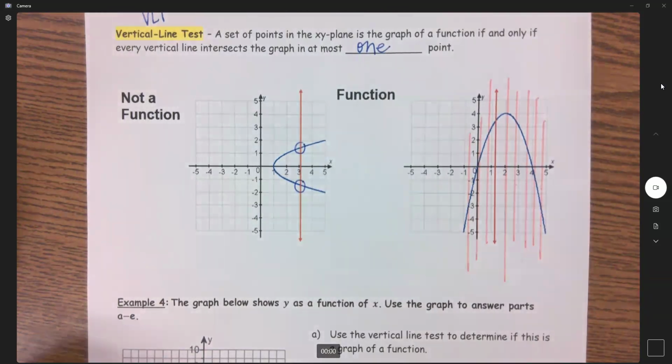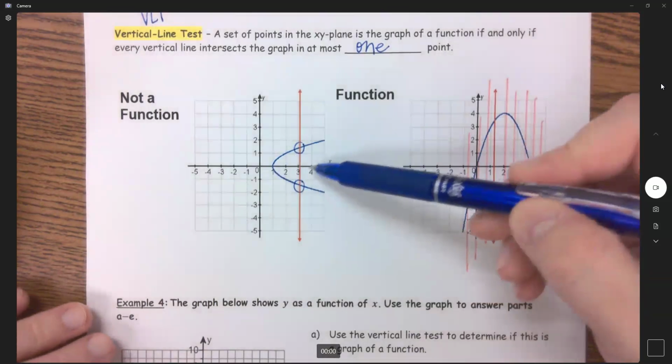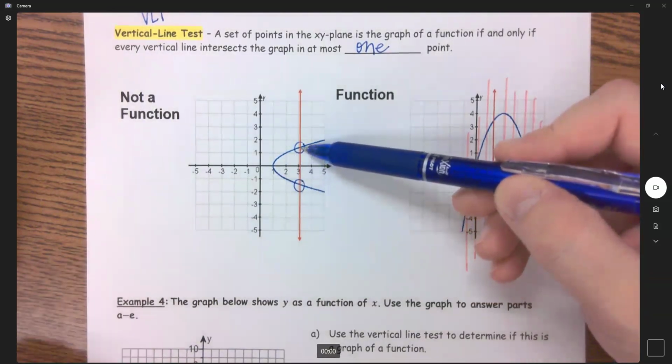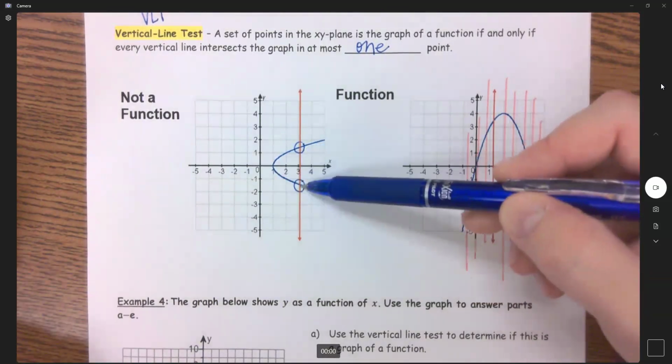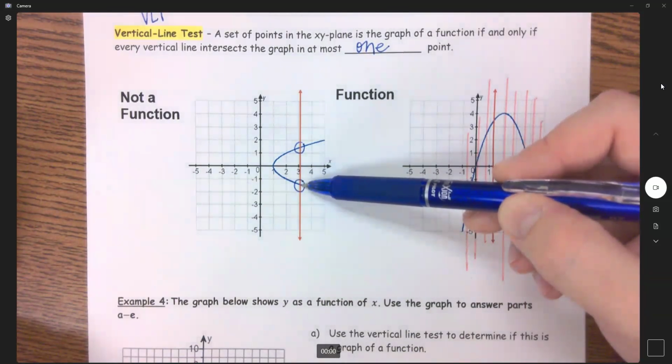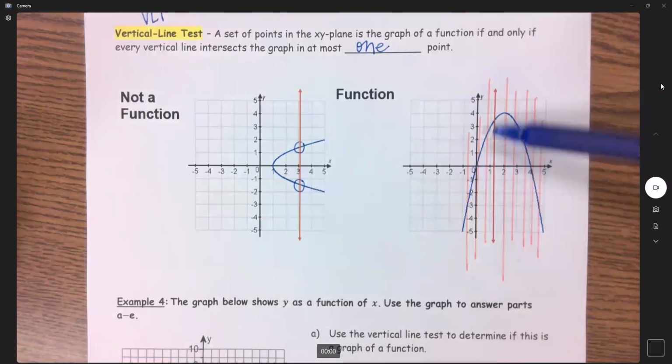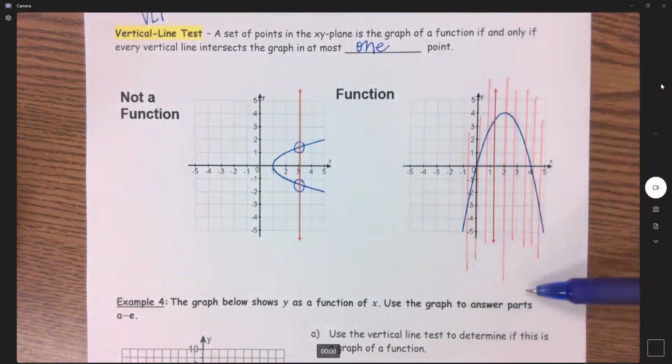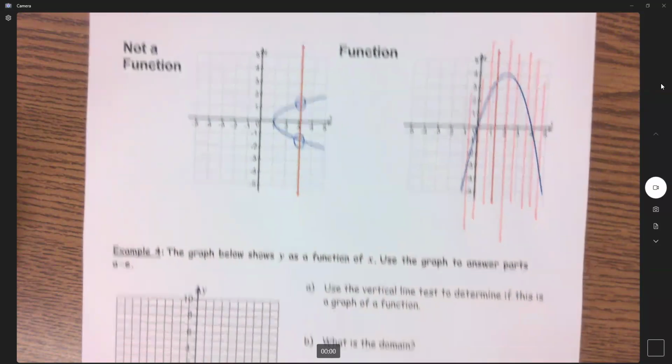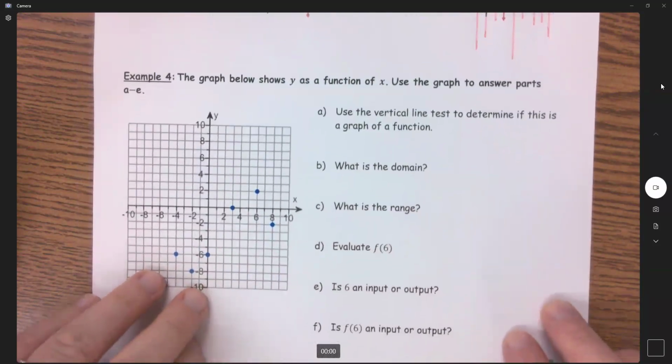You can see here, my X repeats because we have an ordered pair at 3, maybe 1/2 and 3, maybe -1/2. So that 3 is repeating on those ordered pairs. But when I put vertical lines in here and it never intersects more than once, that means my X isn't repeating.